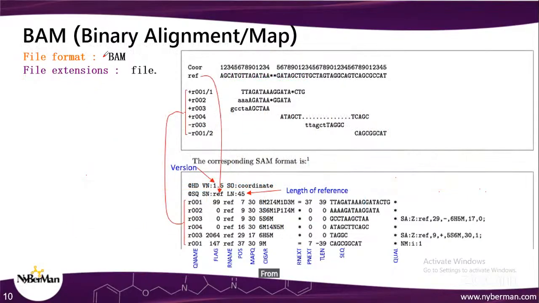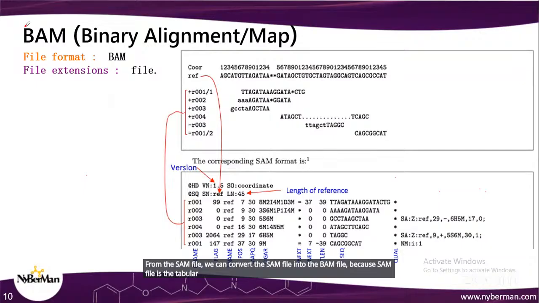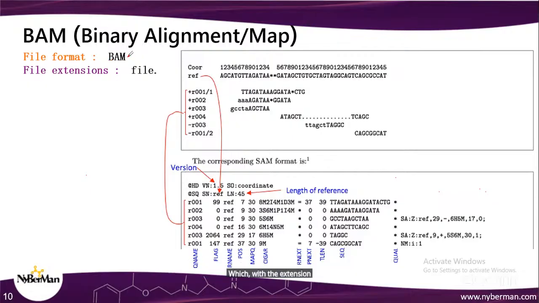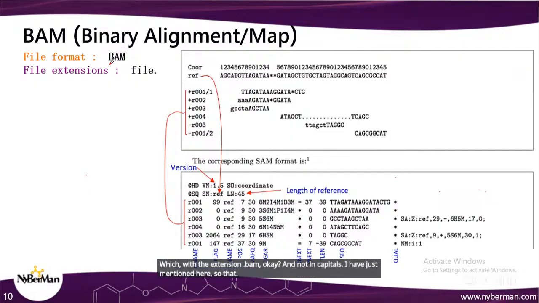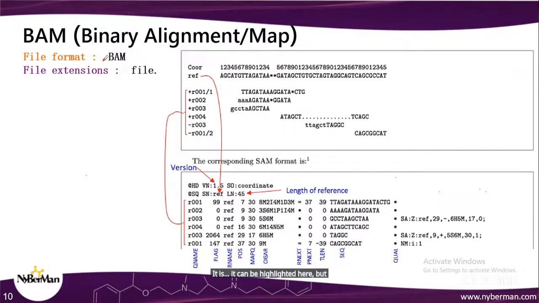From the SAM file, we can convert it into the BAM file, because the SAM file is in tabular format, but the BAM file is a binary alignment format. Okay, so a binary format file with the extension .bam, and not in capitals. I have just written it in capitals here so that it can be highlighted, but it will be lowercase bam.